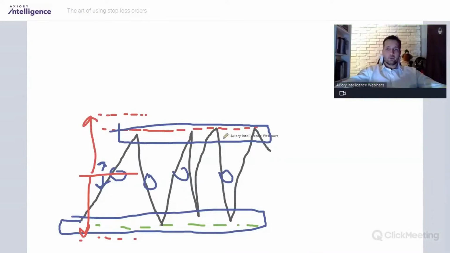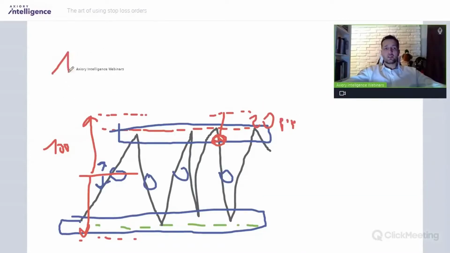If you would open a position here, the stop loss is here. So it's not 100 pips as in this case, but it's 20 pips. In both cases, you can lose only $1. But here you would have to open, let's say, 0.1 lot.